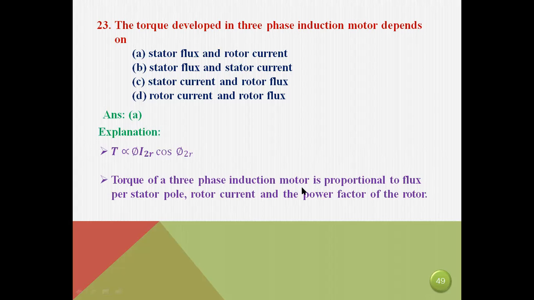E2 is the rotor voltage, and the rotor voltage depends on the rotor current. So we can say the torque of the three-phase induction motor is proportional to the flux, and depends on the rotor current and the power factor. But they have not given anything about the power factor, so no need to write.